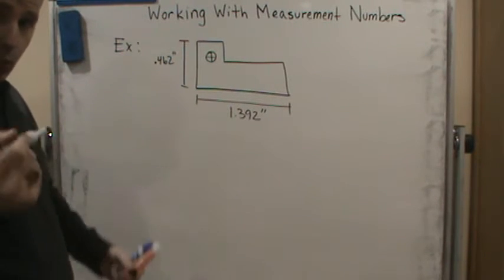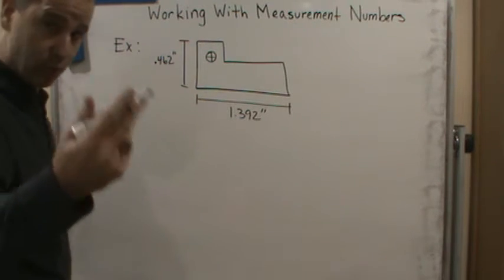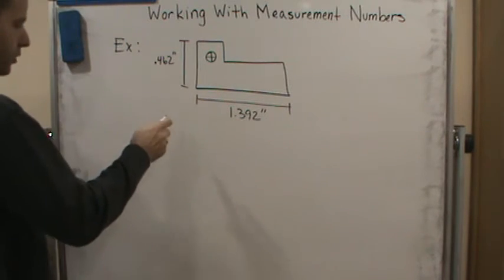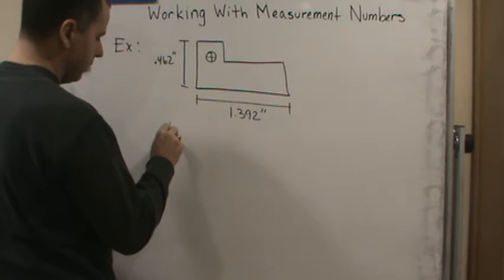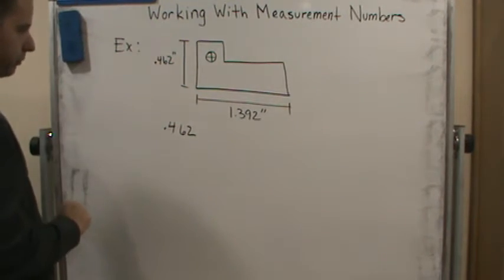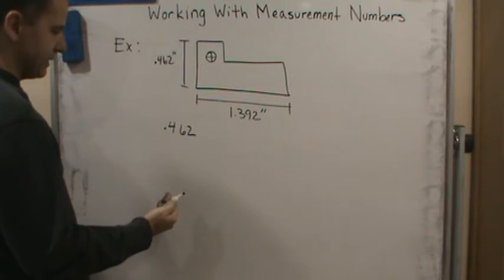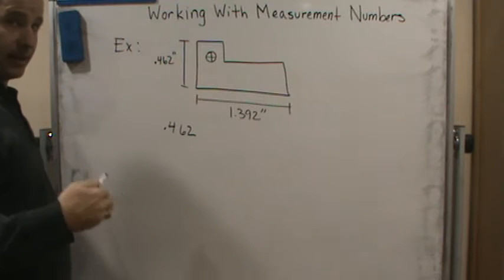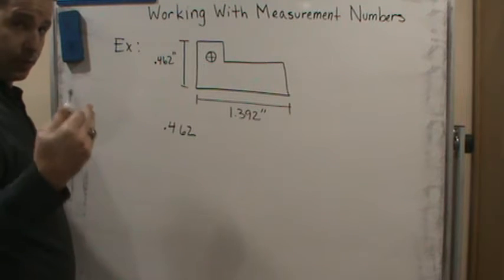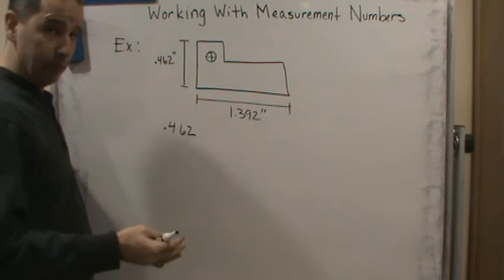Well, using what we know about equivalent fractions and equivalent decimals that we learned already. So we're going to start with 0.462, and we want to change this into a fraction with 32nds. Well, we're going to multiply this by 1.